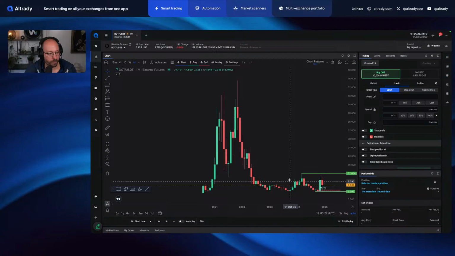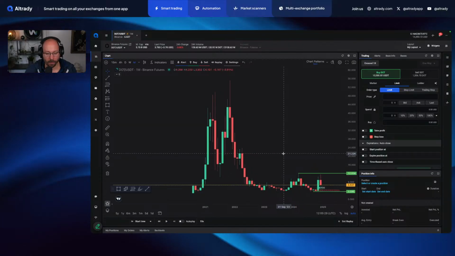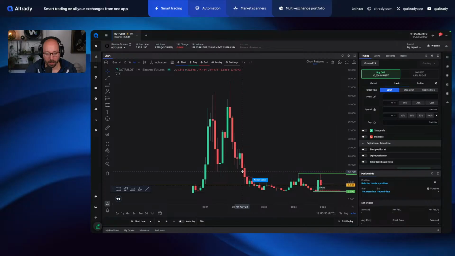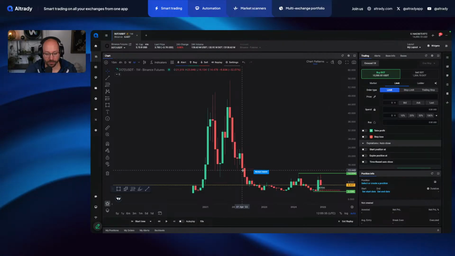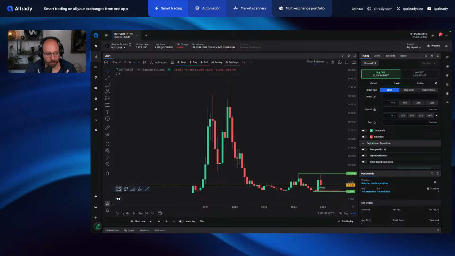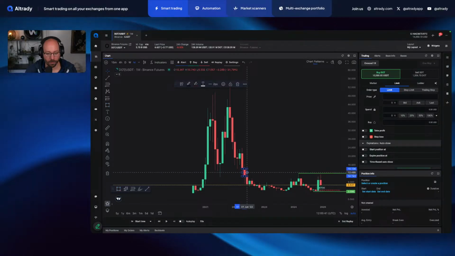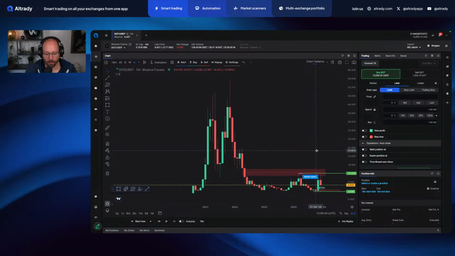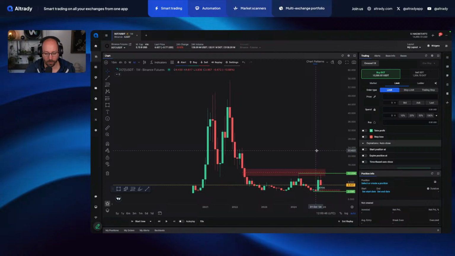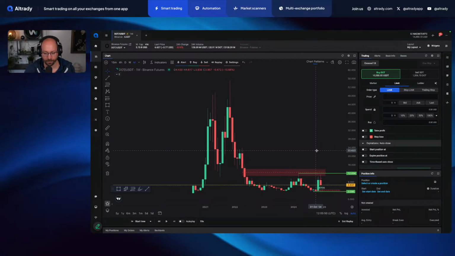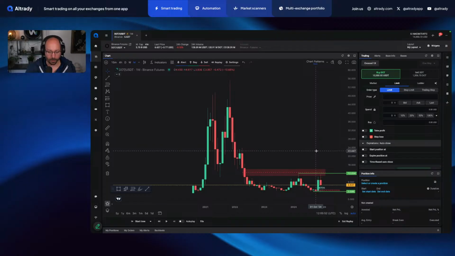Can you zoom out a little? Let's analyze this candle, why that happened. You can see that it went into this fair value gap. So that was the reaction to this fair value gap, and then we can say that this is the rejection block, and then this reaction was from the rejection block.